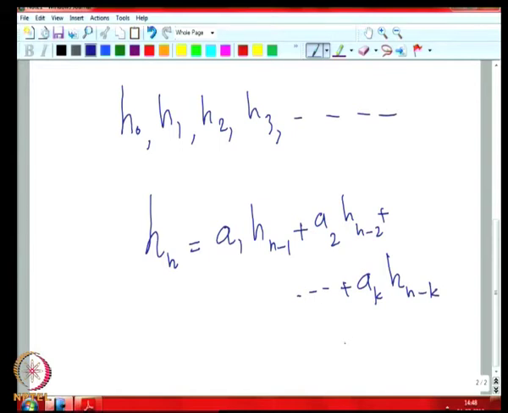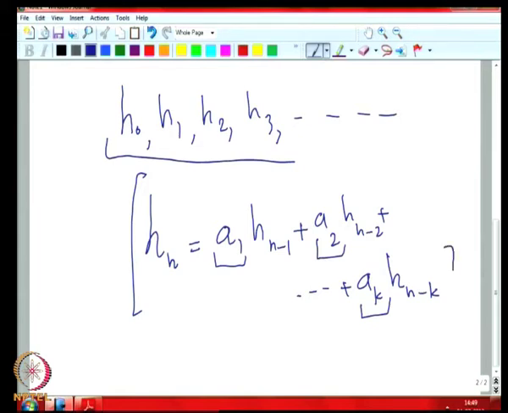This is an order k recurrence relation, and these coefficients are constant, and definitely this is a linear homogeneous recurrence relation. This is what we are going to show. So we have to show that the initial values H0, H1, H2, H3, up to Hk minus 1 can be found, and also show that for the terms Hn where n is greater than or equal to k, this equation will be satisfied. This is our aim.